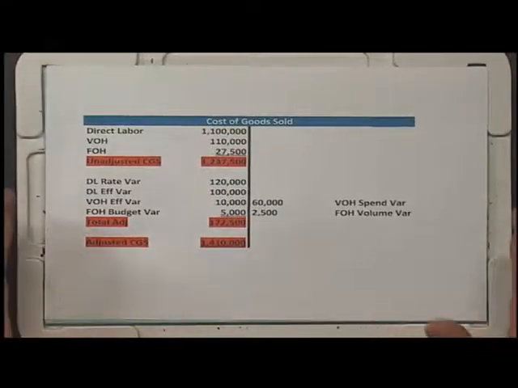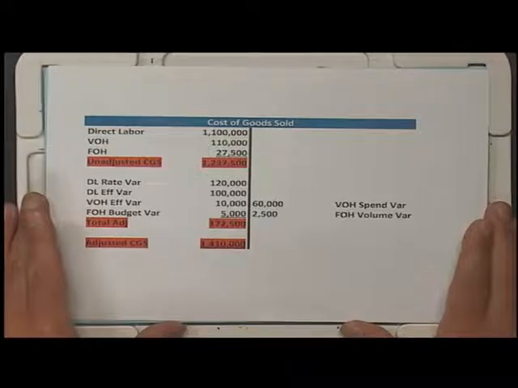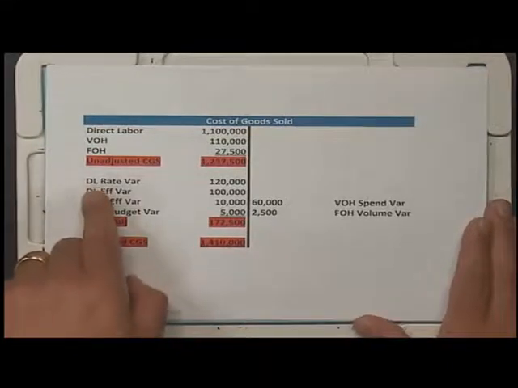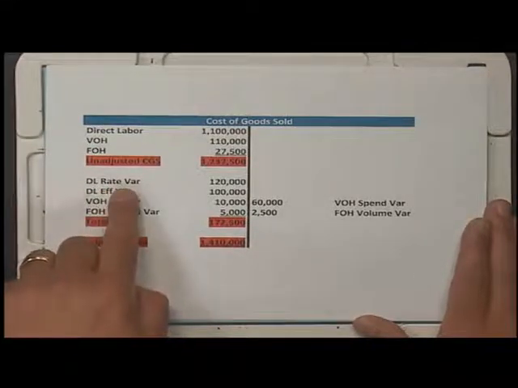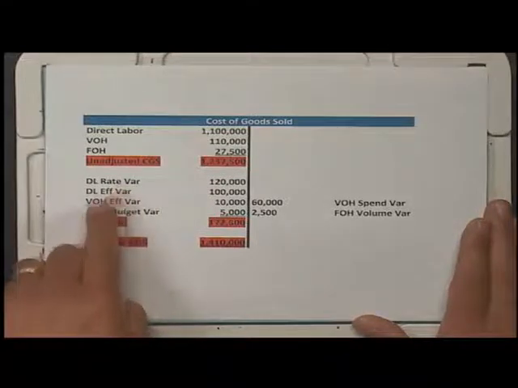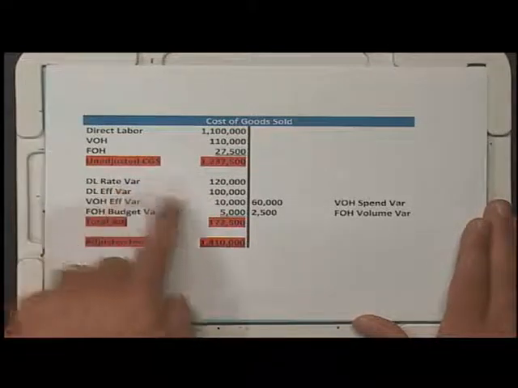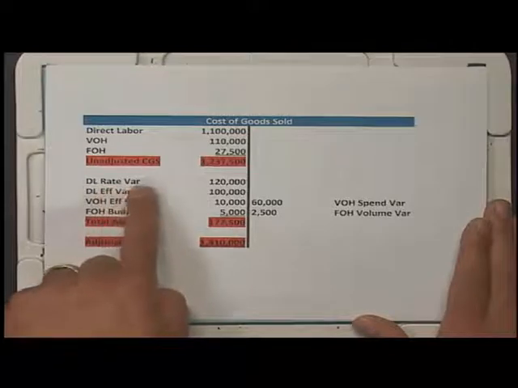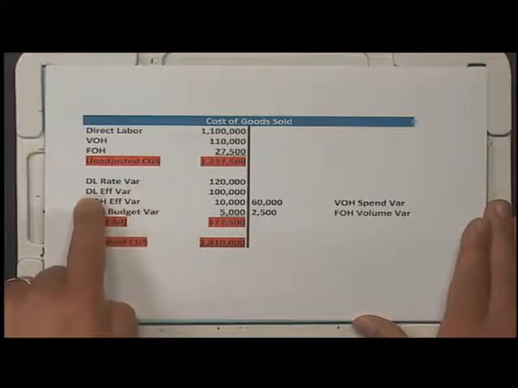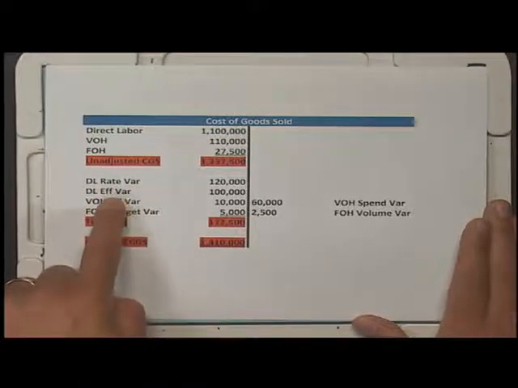And they're on the income statement, so people are going to talk about it. We paid our workers too much per hour they worked. That's why we have an unfavorable direct labor rate variance. We have an unfavorable direct labor efficiency variance because they worked too many hours for the pages they graded.